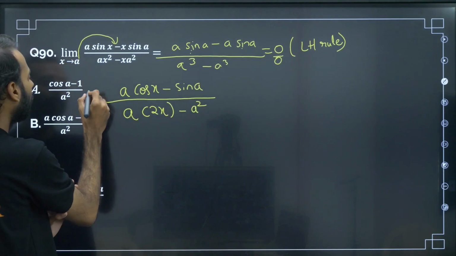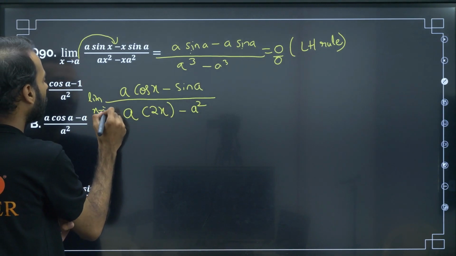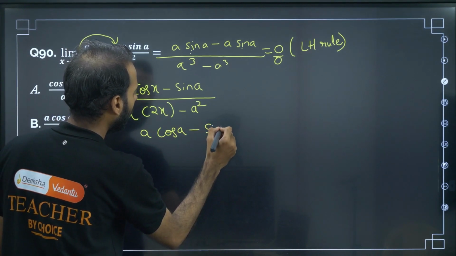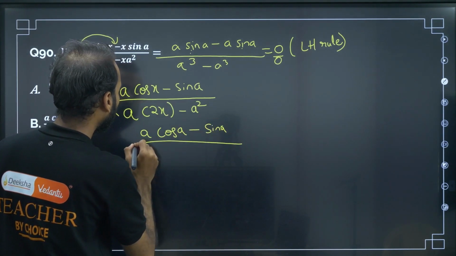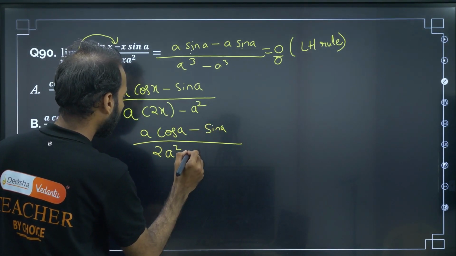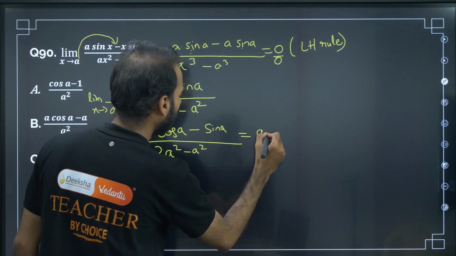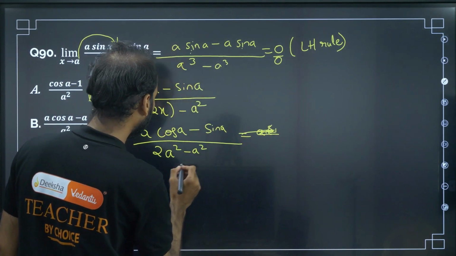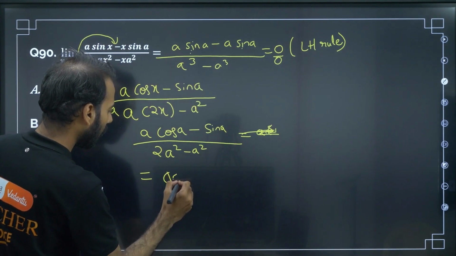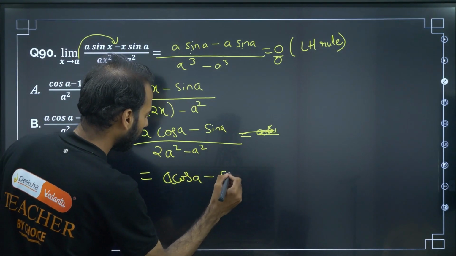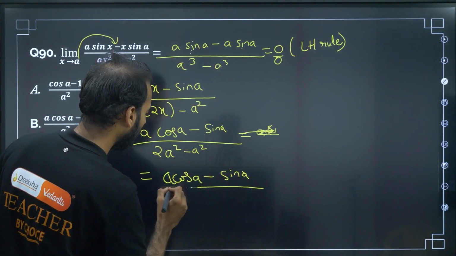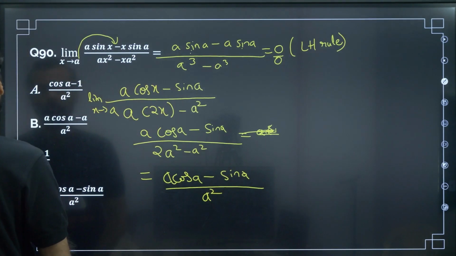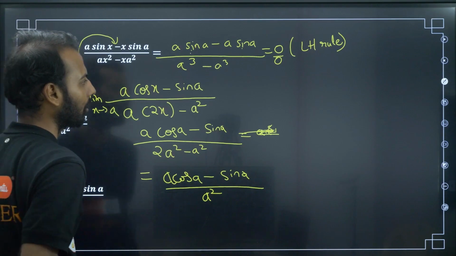Now apply limit x tends to a: cos a minus sine a divided by 2a square, which is equal to a cos a minus sine a by a square. Cos a minus sine a by a square. B is the answer. Moving on to next question.